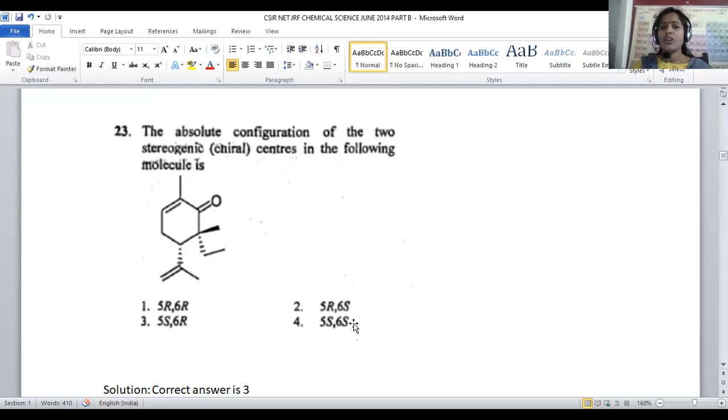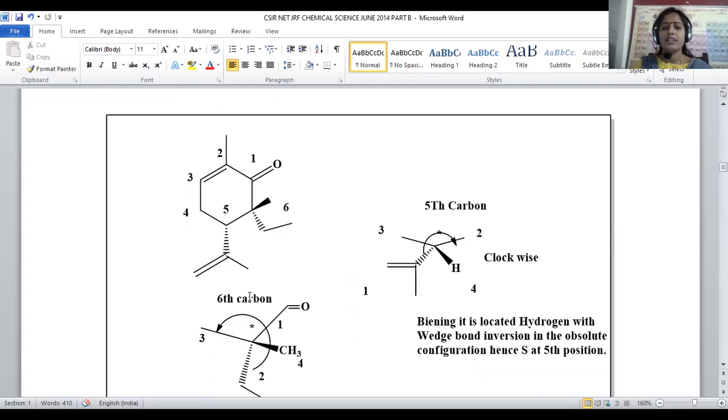S is nothing but anti-clockwise rotation from higher to lower priority functional group. Let us assign numbering, and let us go with its absolute configuration. The numbering of this terpene compound is given in this manner: 1, 2, 3, 4, 5, 6. So it is a 6-membered ring system, and an alpha, beta, unsaturated carbonyl group is there.